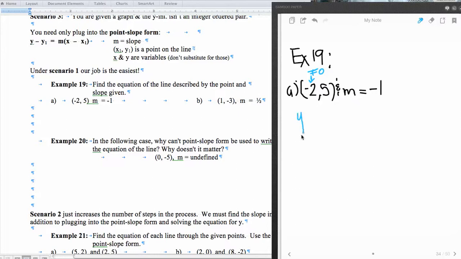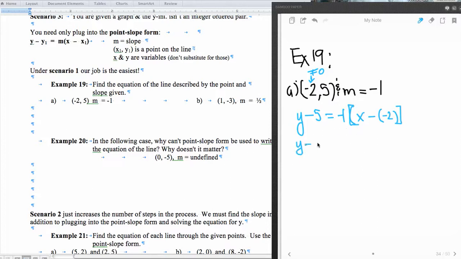So we're going to say y minus whatever our y1 is, and that's a 5, is equal to whatever my slope is, that's a negative 1, times x minus whatever my x1 is, and my x1 is a negative 2, and so I'll put that in just like that. And I'm going to bump these up to brackets so that we can tell more easily.